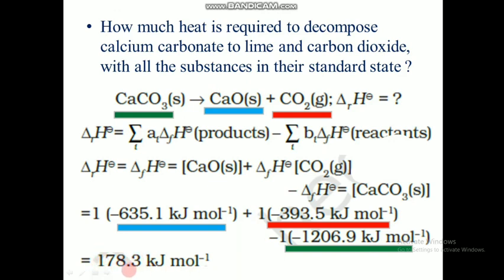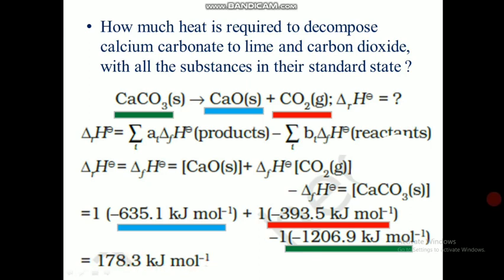So that means we got the amount of heat or amount of energy required to decompose calcium carbonate, and that's a positive value. Hence, we need to provide it to the system. It's an endothermic reaction. So we need to provide this much energy to calcium carbonate to form CaO and CO2, or for decomposition of calcium carbonate we need 178.3 kilojoules per mole of energy.